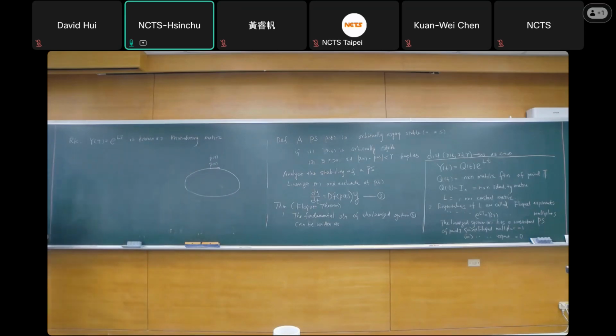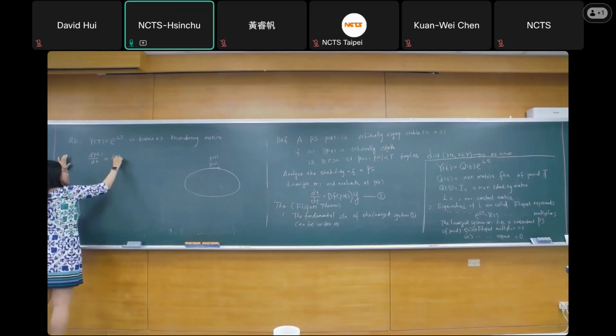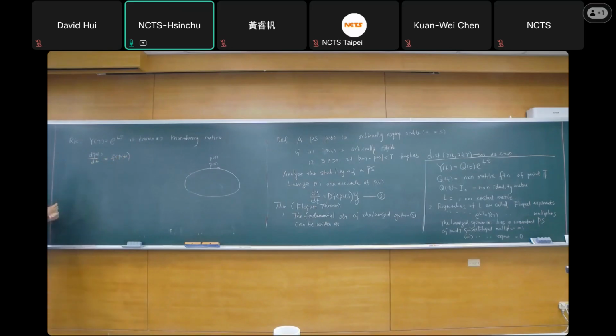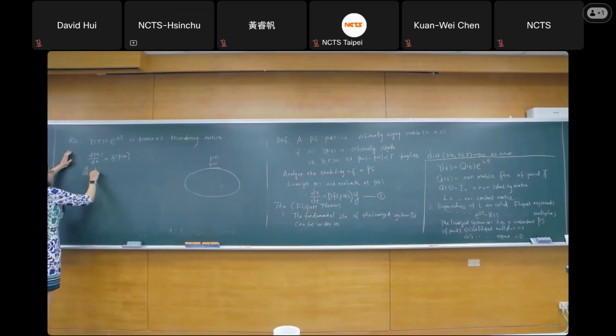Look at this. We know this is a solution. It's a periodic solution; it satisfies your equation, right? So now if we differentiate this again, I'm going to write the derivative by a dot.